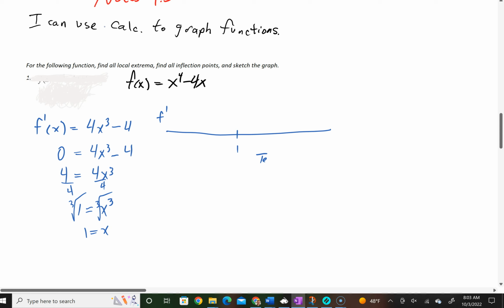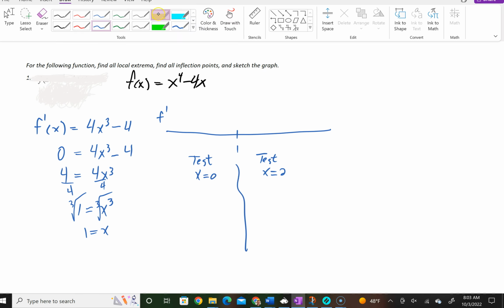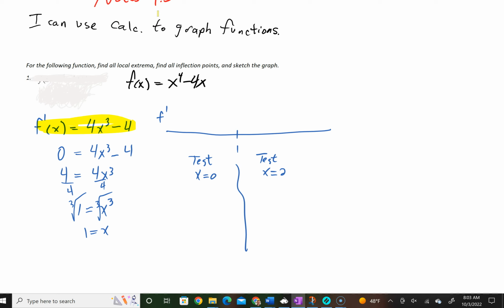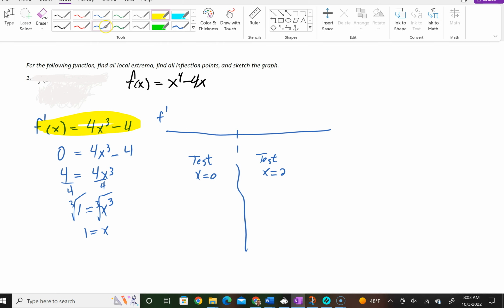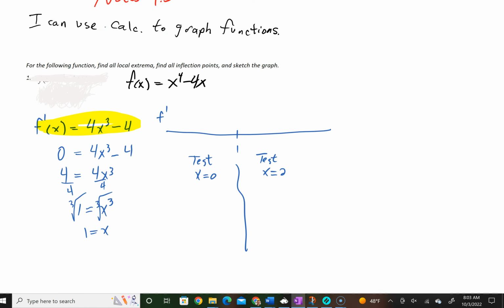we could test a little bit to the right of x equals 1, maybe x equals 2. If I were to test just to the left, let's be good to ourselves, test x equals 0. And of course, this is the first derivative test. We're going to substitute these test values into that first derivative.